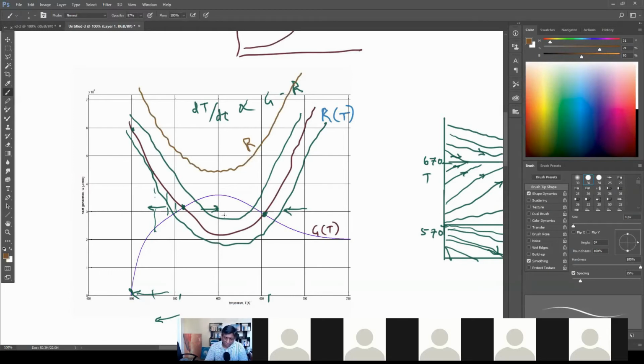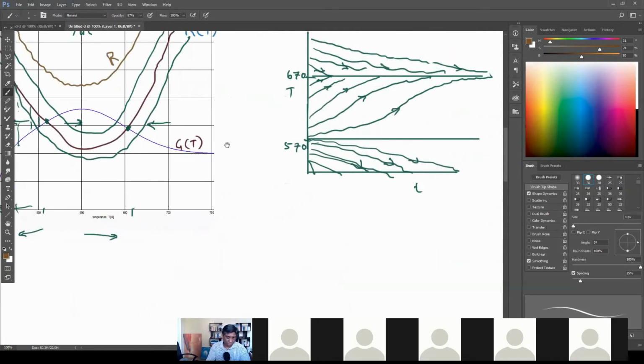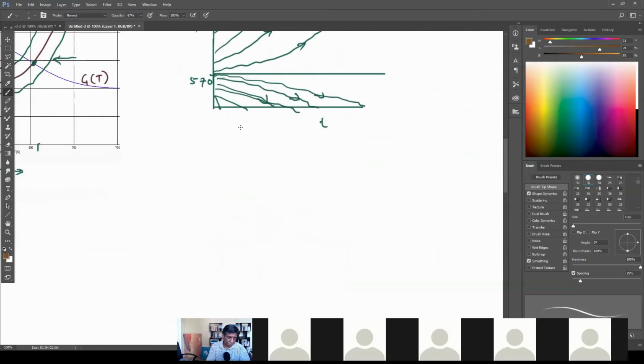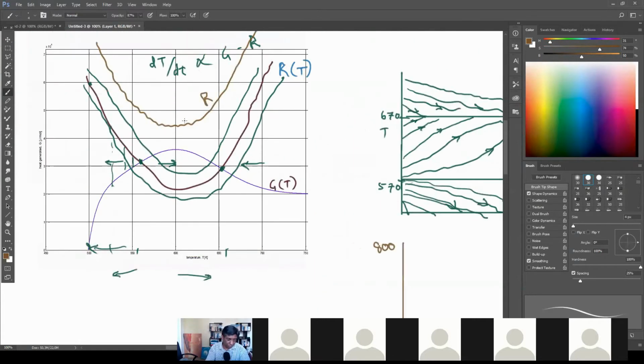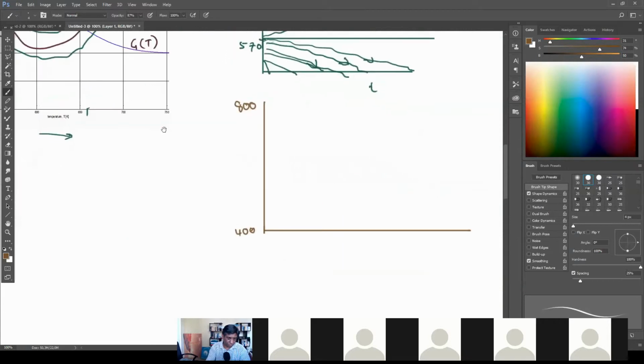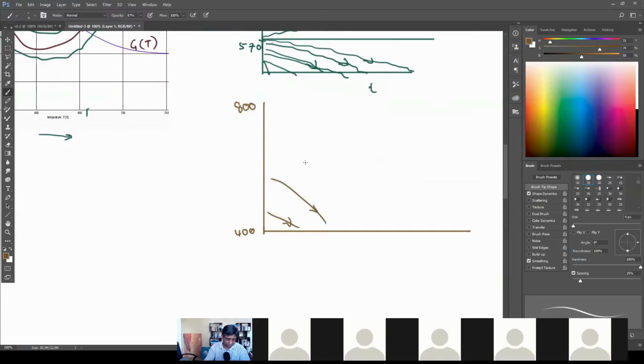If your T inlet value was so unfriendly that it pushed the R of T curve all the way out here, and you never have a steady state, then no matter where you start, let's say 400 and 800, if your R of T curve was sitting up there, you would always end up dropping in temperature like this.